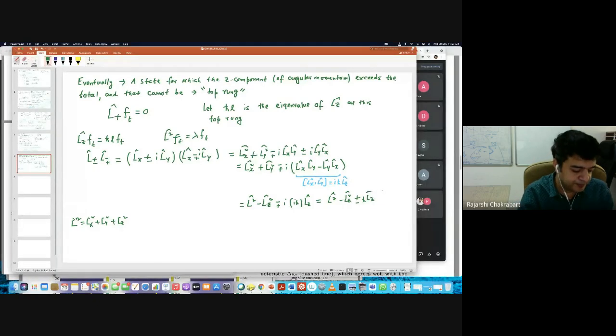Is this fine? So this also tells you that L plus minus L minus plus is equal to this. So let me write it down one more time.